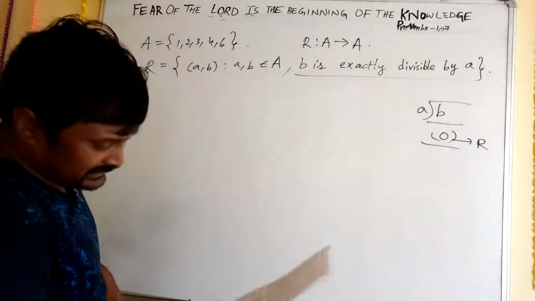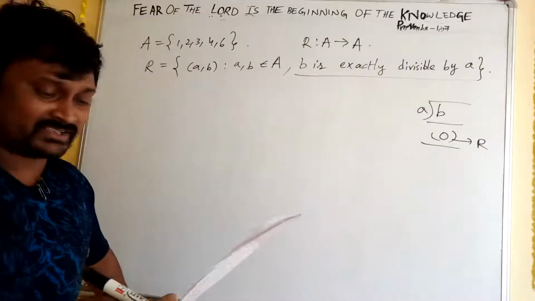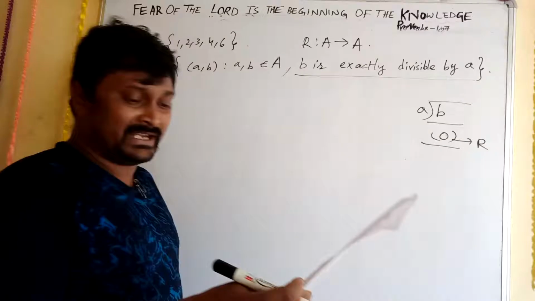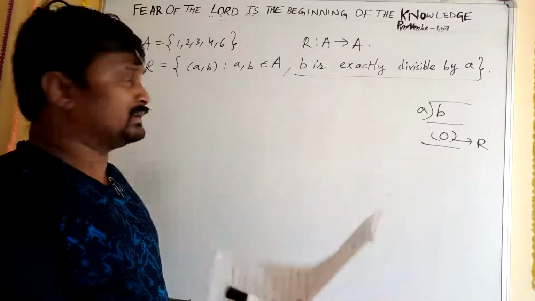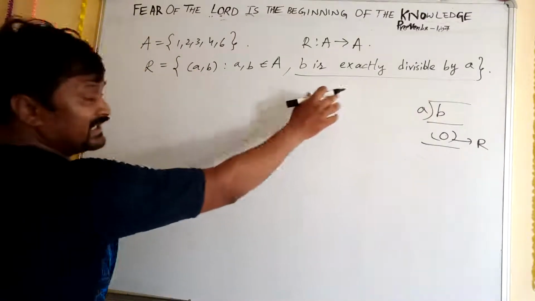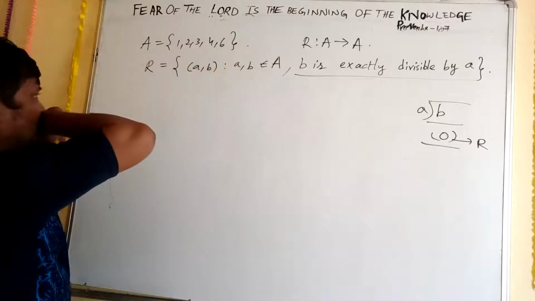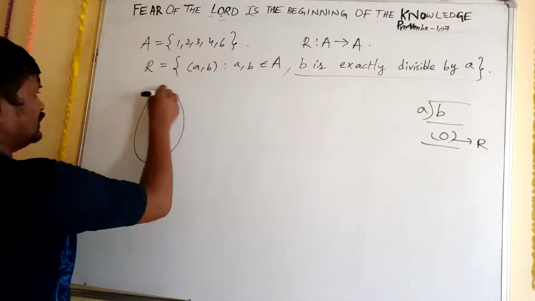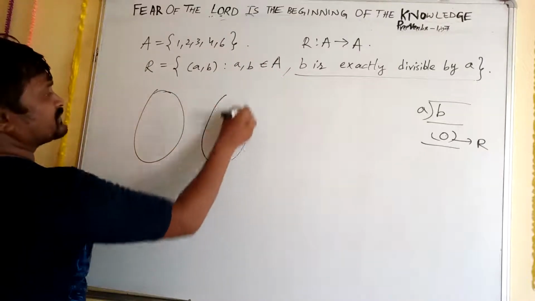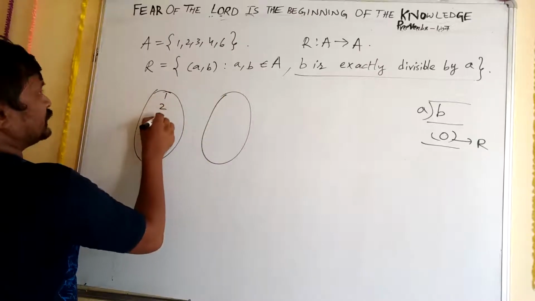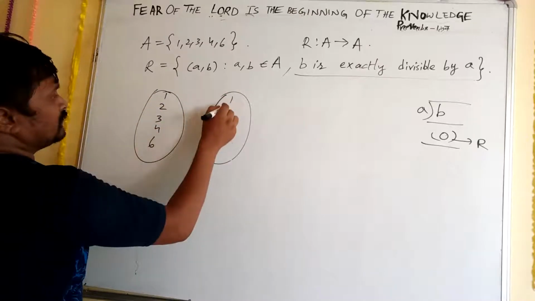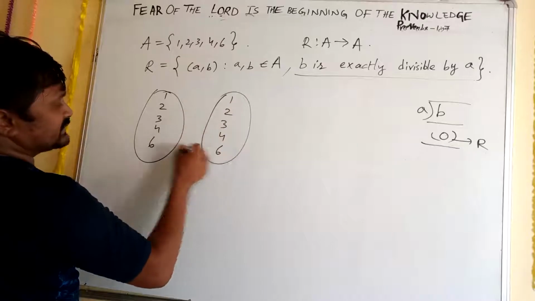Now how to solve this? Observe carefully what I need to find: first, the relation in roster form, then the domain of R, and the range of R. Simple. First I need the relation in roster form. Before that, draw the diagram, then it becomes easy for you: 1, 2, 3, 4, 6 and 1, 2, 3, 4, 6.